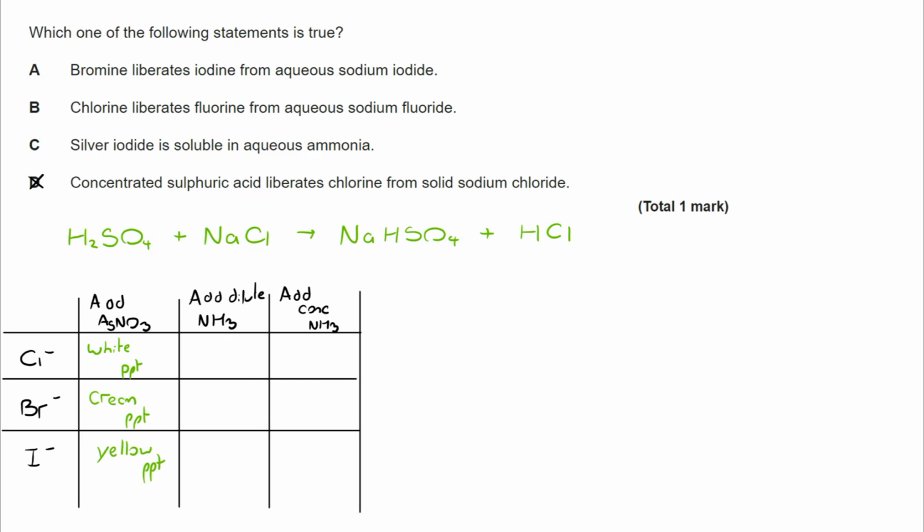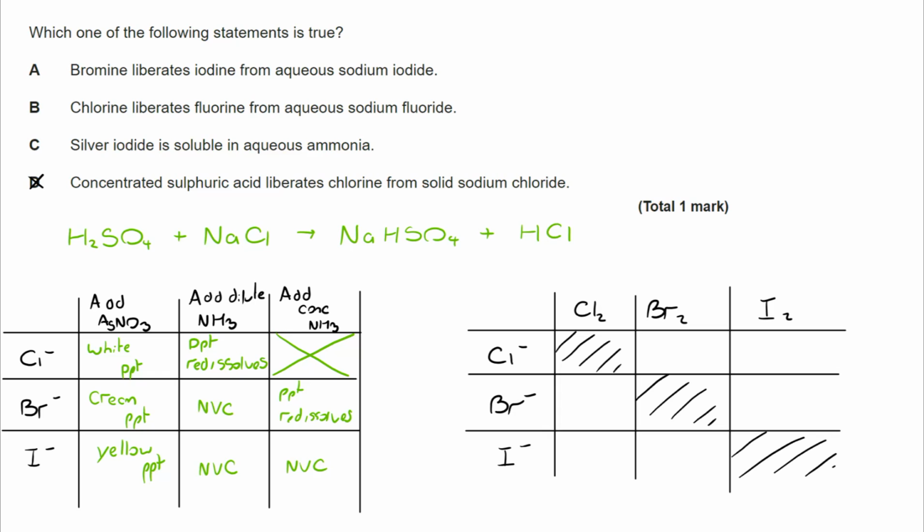I will get a white, a cream, or a yellow precipitate for chloride, bromide, and iodide, respectively. If I add dilute ammonia, the precipitate will redissolve with chloride, but not with bromide or iodide. I don't need to do that to chloride ions with conc ammonia, but if I do it to bromide, the precipitate will then redissolve. Iodide, there'll be no visible change.